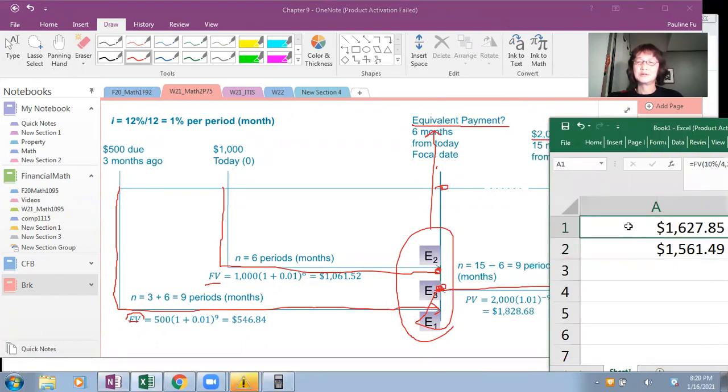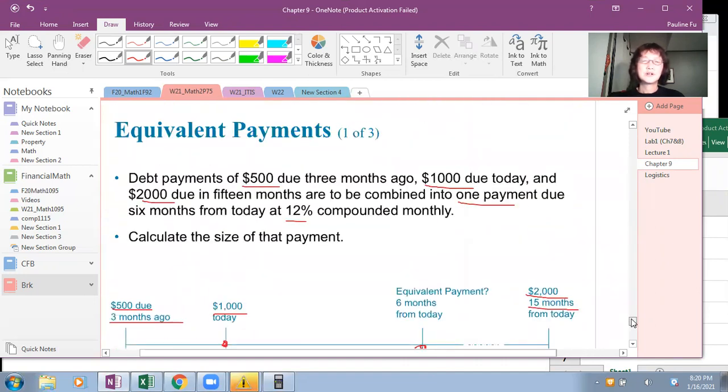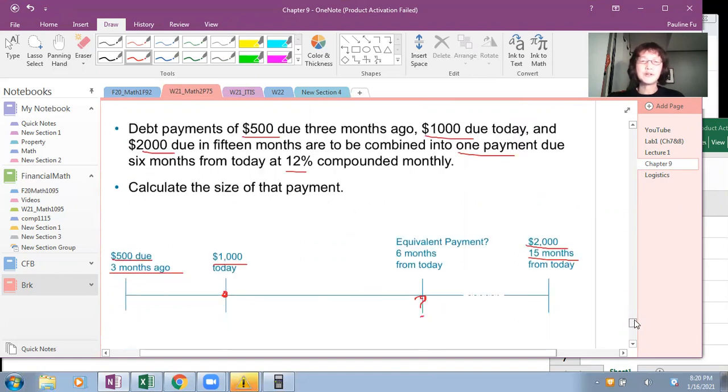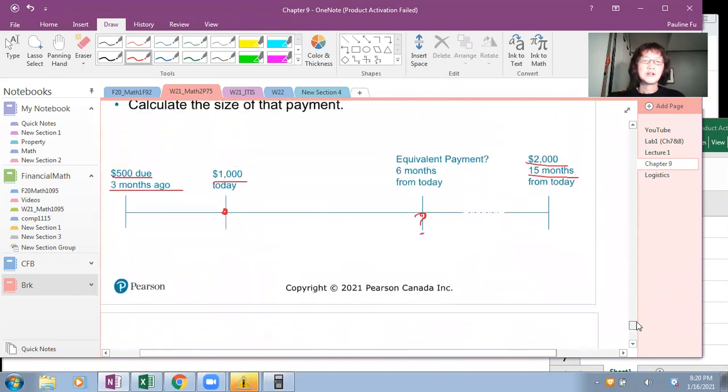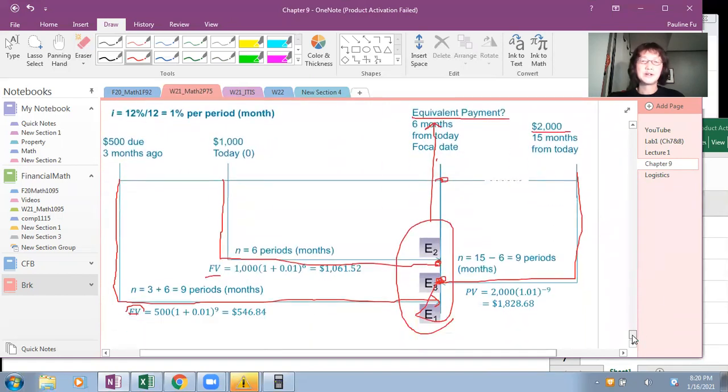So I'm going to maybe delete those two. First I will calculate E1. What is the interest? I have to read the original question. Interest is 12% compounded monthly. Maybe I will use this diagram so that you can compare.